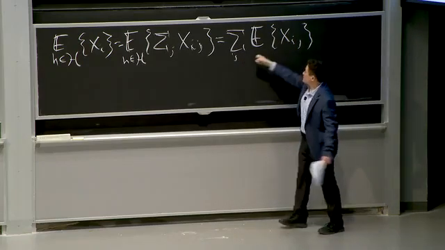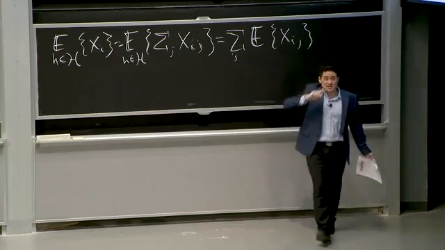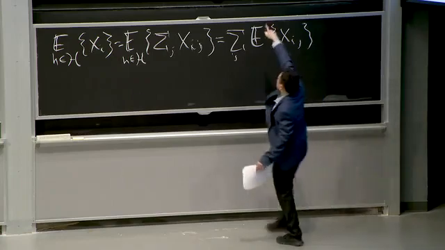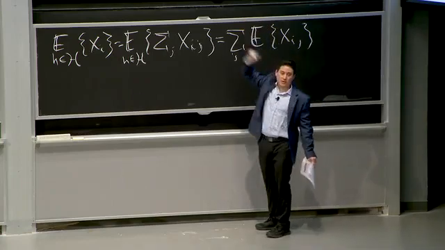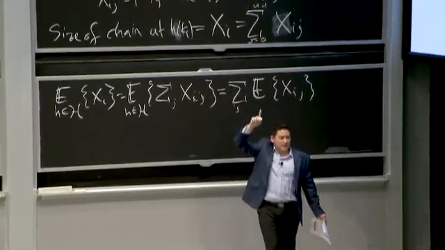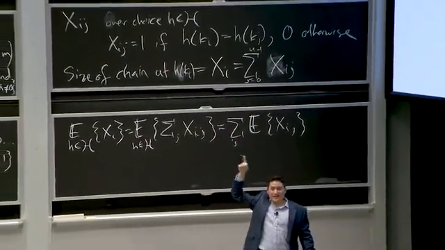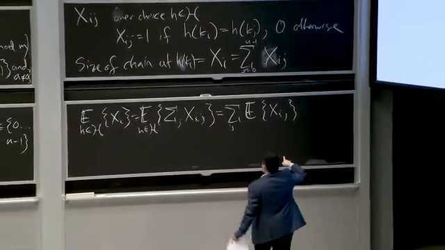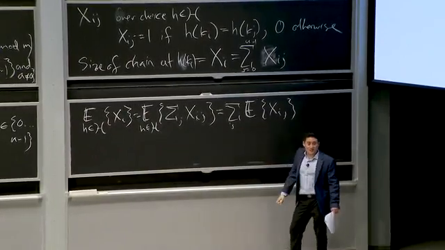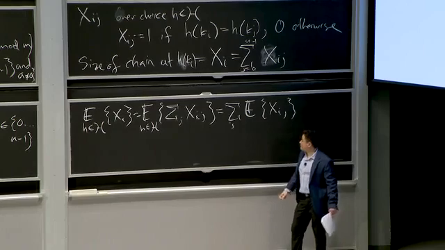One of these j's is the same as i, right? j loops over all of the things from 0 to u minus 1, and one of them is i. So when hi is hj, what is the expected value that they collide? 1, right?